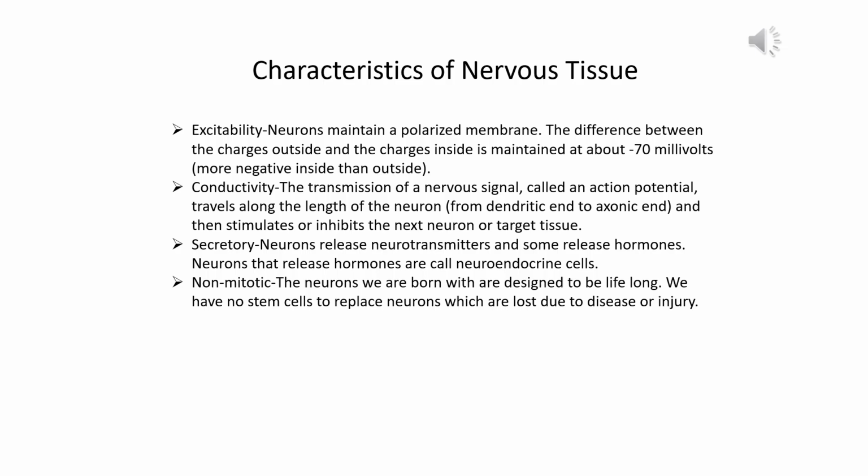So that is a trigger waiting to be pulled because we have a separation of charges, and nature hates a separation of charges. Nature is always inclined toward equilibrium. So when we have a separation of charges, then we have a trigger waiting to be pulled. We would call that excitability. So here we say, well, characteristics of nervous tissue. Well, nerve cells maintain a polarized membrane.